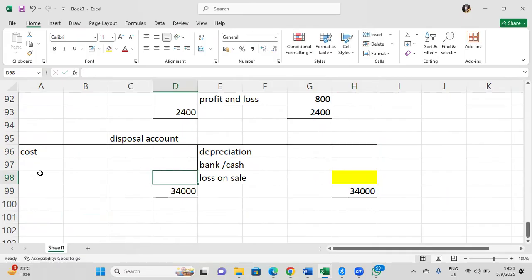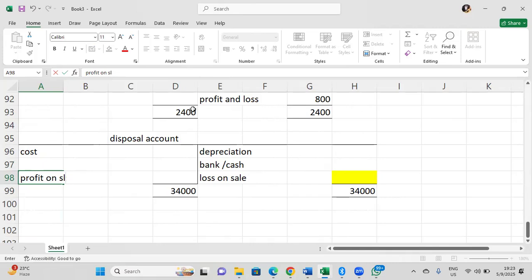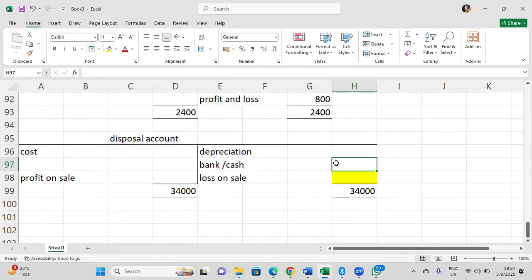So the difference can be on the debit, it can be on the credit. If the difference is on the debit side, it's a profit on sale. If it's on the credit, it's a loss on sale.